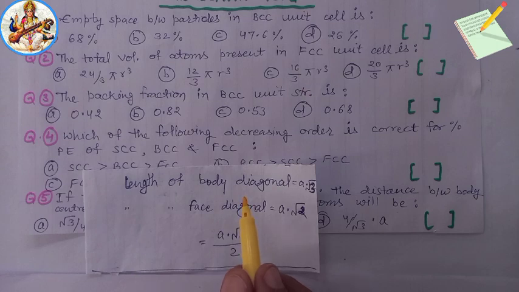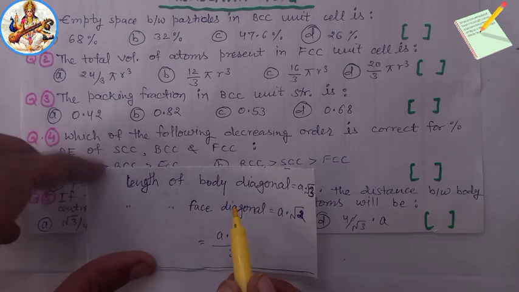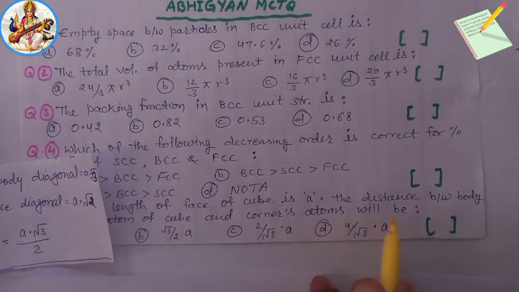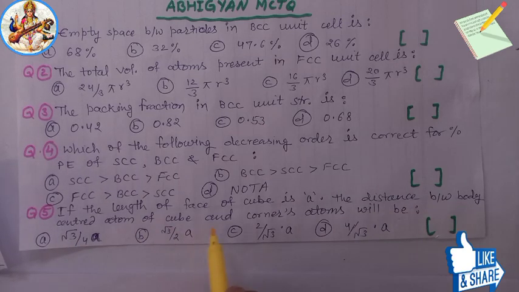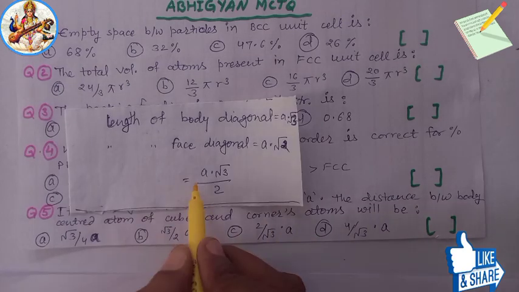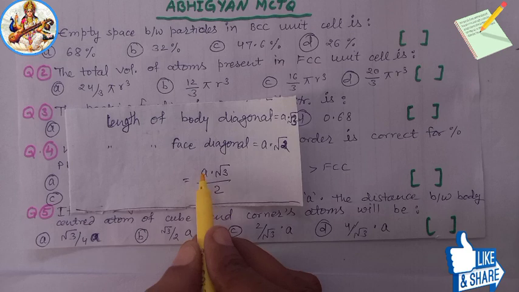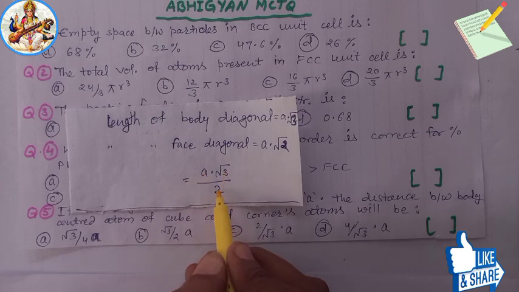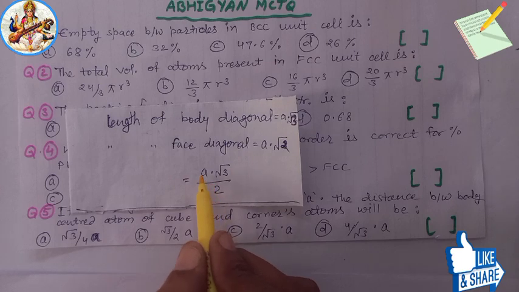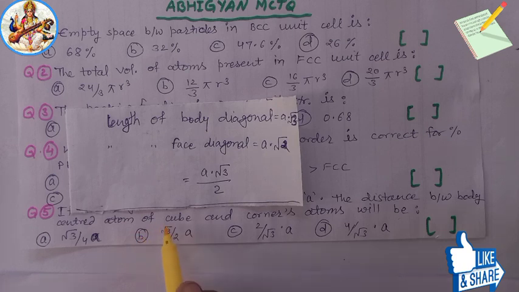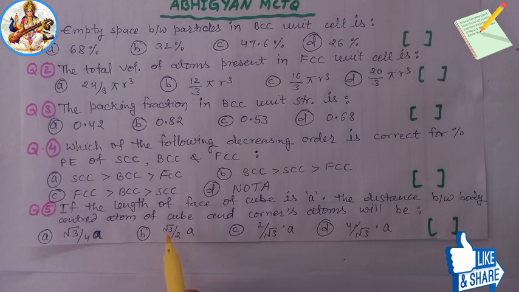Therefore, the distance between body centered atom of cube and corners is equal to half of body diagonal, that is a into root 3 divided by 2. So answer will be option B, root 3 into a divided by 2.